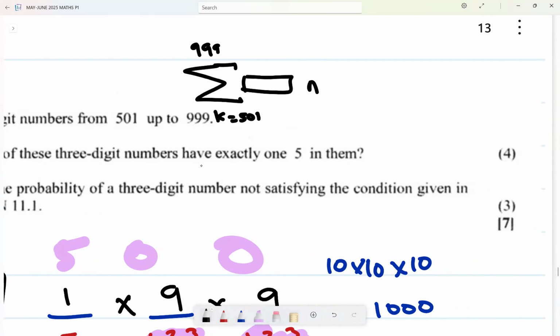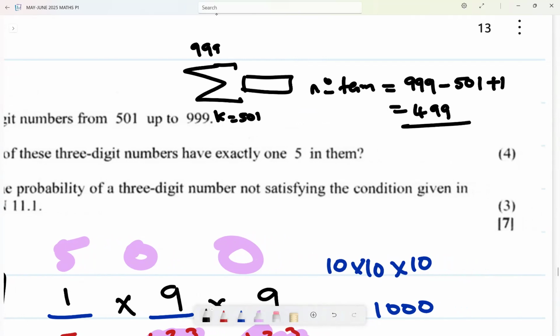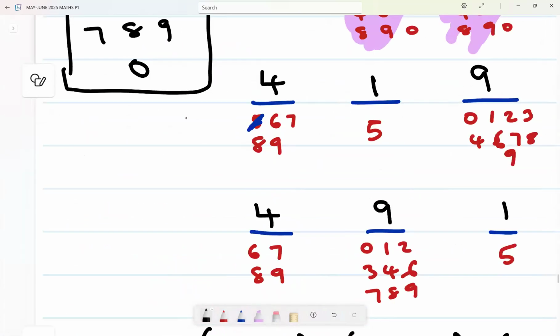Remember, for me to get the number of terms, I need to say what? Top minus bottom plus 1. How much do I get? Top minus bottom plus 1. Where's my calculator? 999 minus 501 plus 1. I get 499. So there are 499 total numbers.